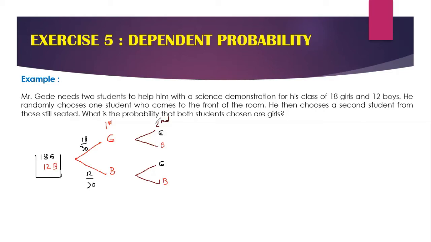The new composition here, because one girl is taken, is 17 girls, 12 boys. And here, when one boy is taken, is 11 boys, 18 girls.